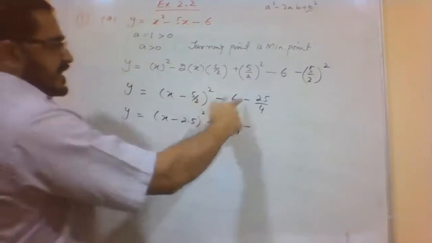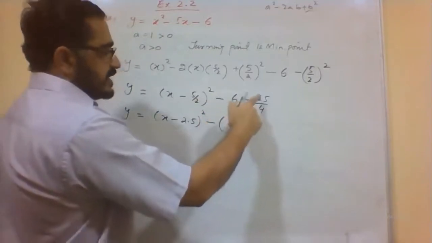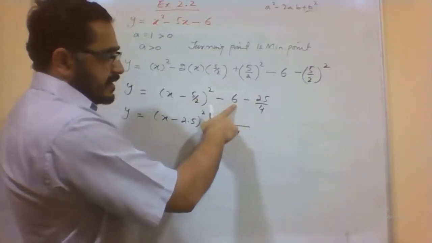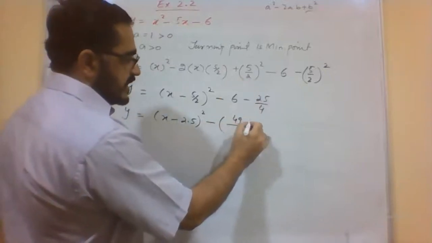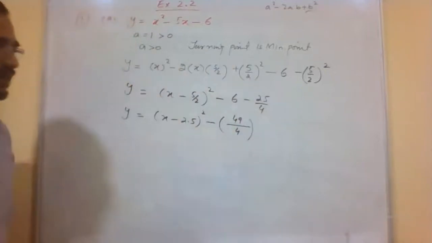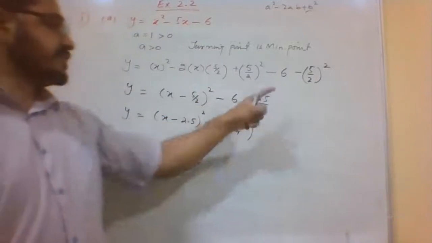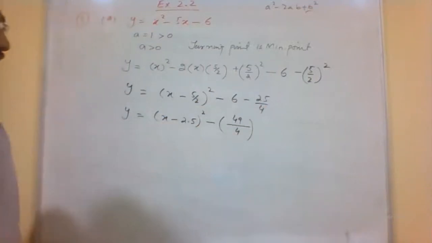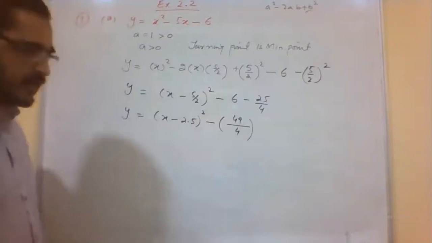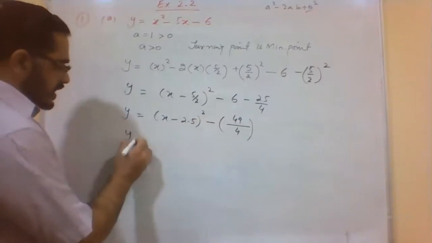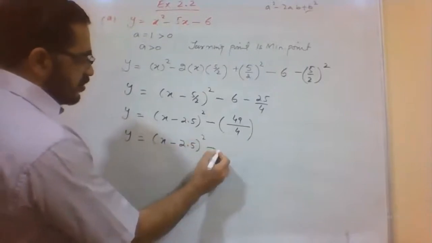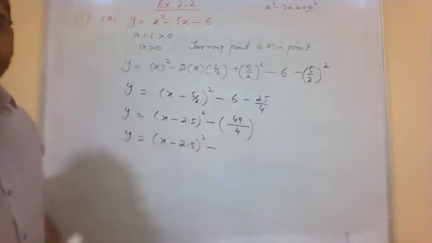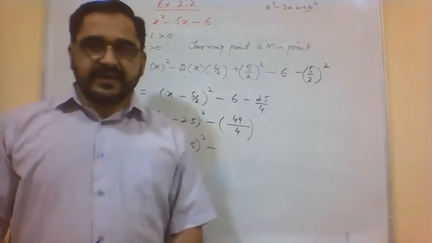Taking the LCM, 6 fours are 24, 24 plus 25 is 49, so that is 49 divided by 4. Then y will be equal to x minus 2.5 whole squared minus 49 divided by 4.